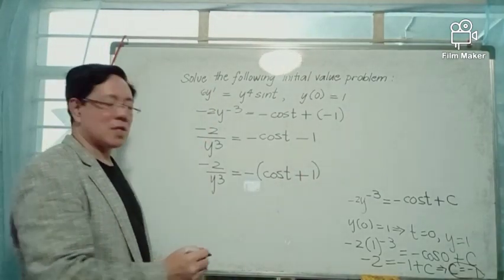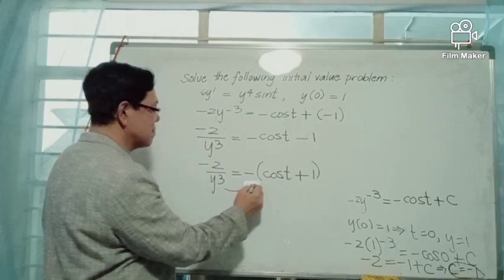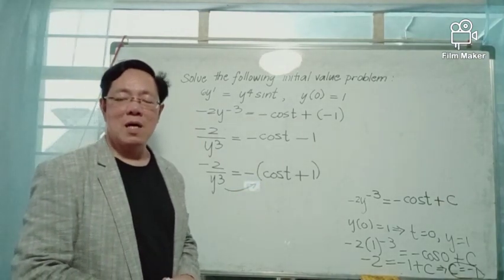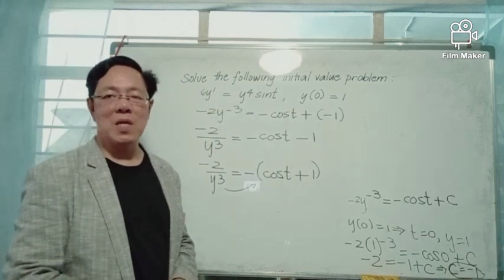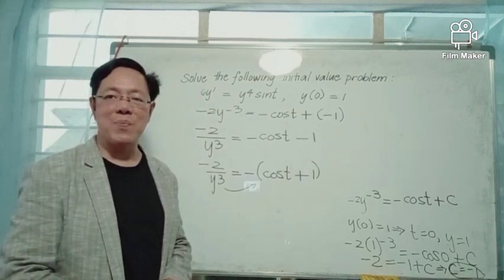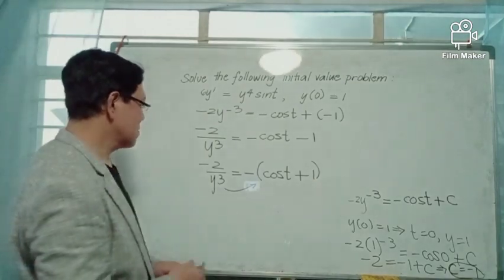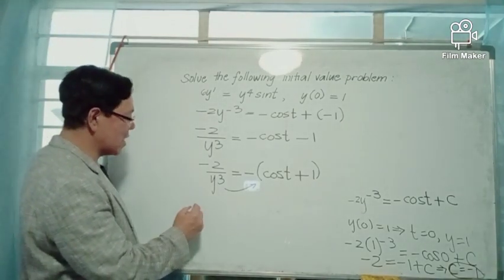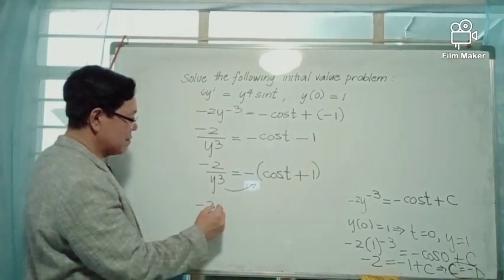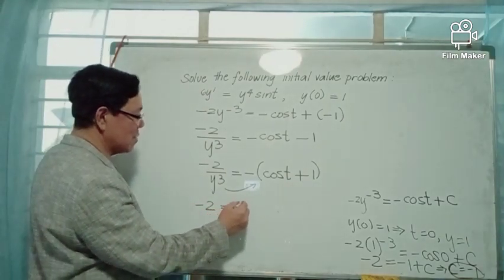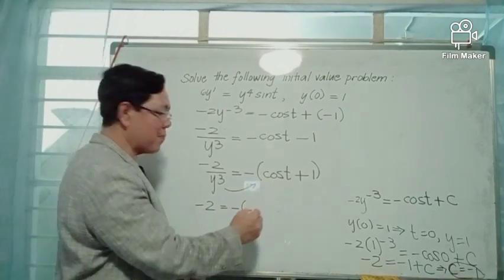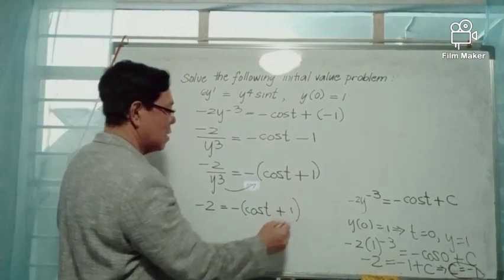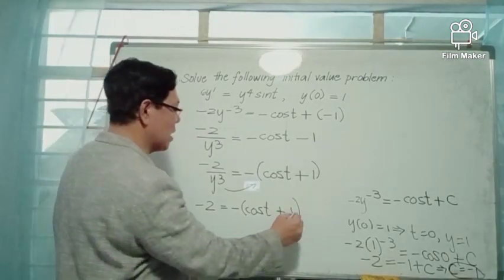I multiply both sides by y to the power 3. I will now solve for y in terms of the independent variable t, so we can express y as a function of t explicitly. Multiplying the left side by y to the power 3, we get negative 2 equals negative multiplied by cosine t plus 1, and multiply the right side by y to the power 3.